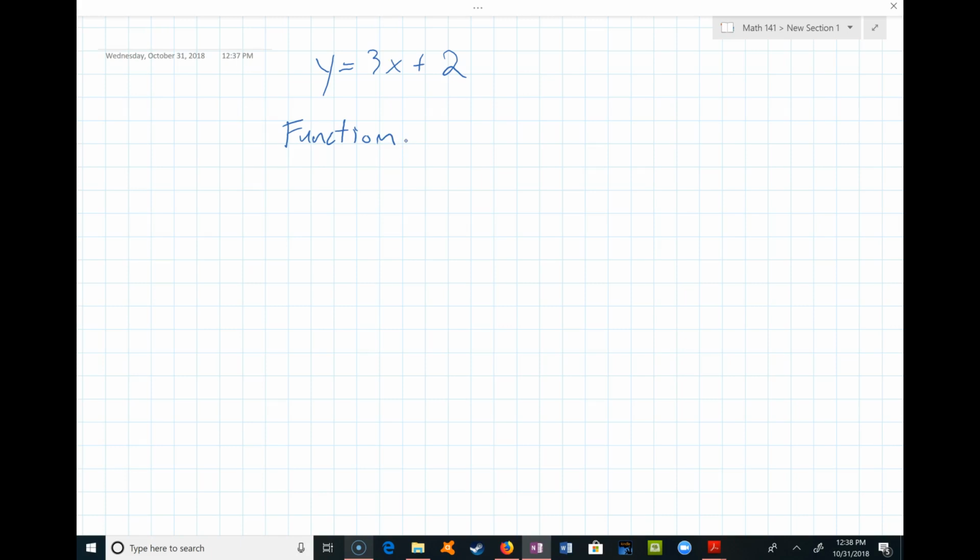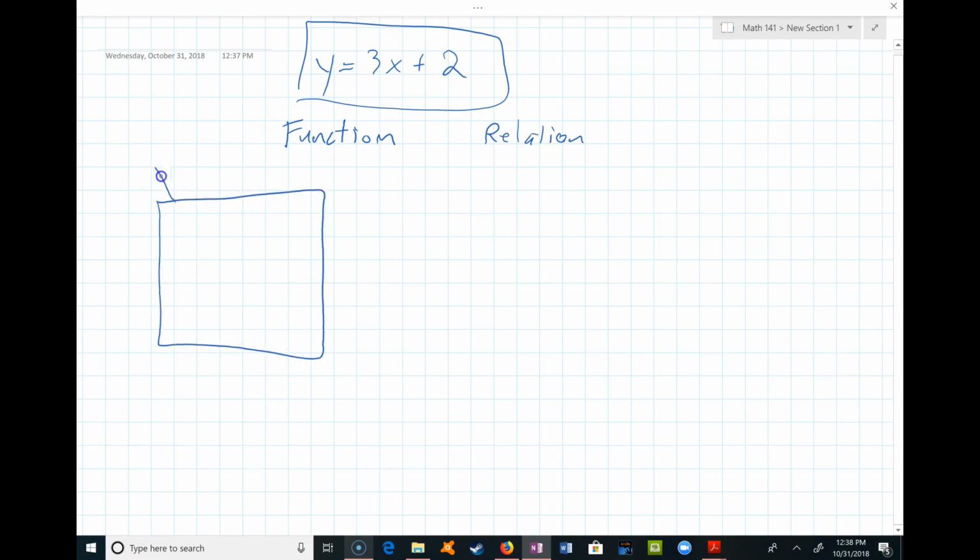A function is a special type of relation between two sets of numbers. So this up here, for example, is a function. And the idea is that when I think of functions, I think of a machine, where the whole purpose of this machine is you drop numbers into it, and it spits out a new number.